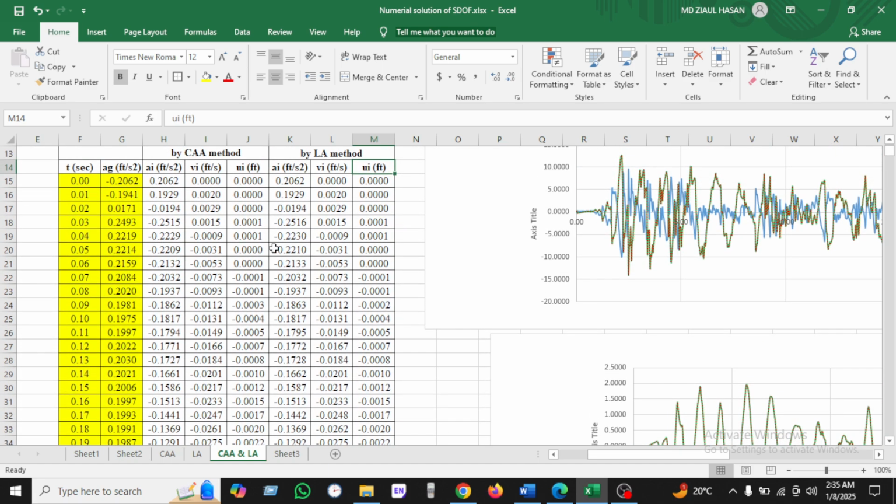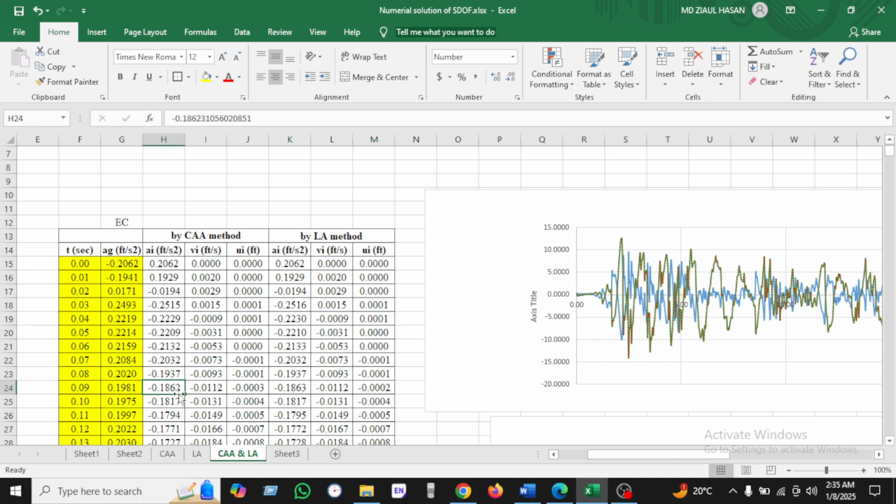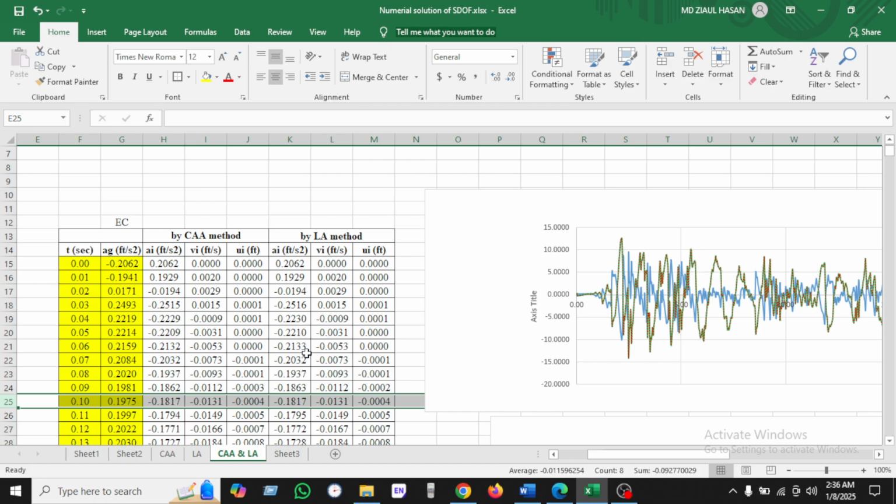We have been seeing here at 0.1 second, cell number 10, the El Centro acceleration 0.1975, and the relative acceleration remains the same 0.1017, and the linear acceleration remains the same.